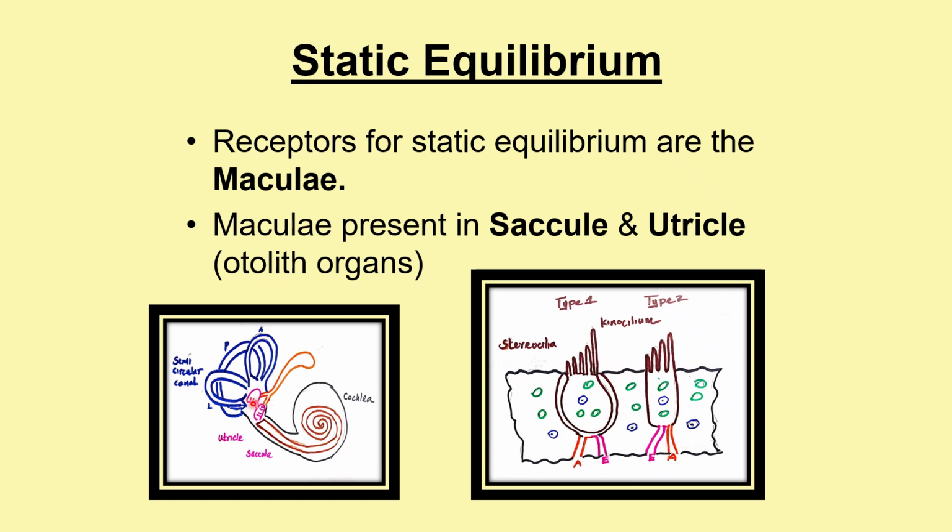In the utricle, the hair cells are arranged in horizontal positions like this. In the saccule, they are arranged in vertical positions. So the macula is mainly present in the utricle and saccule.